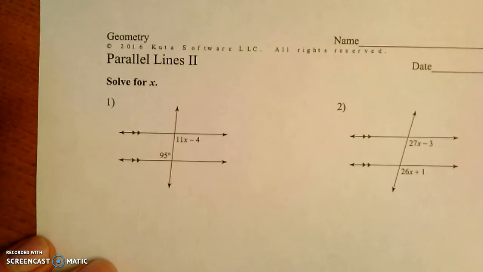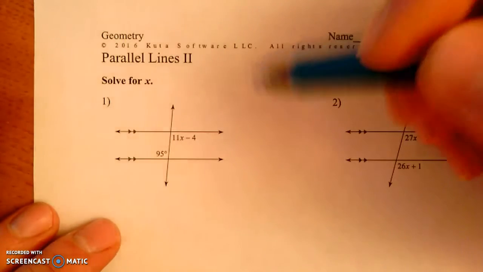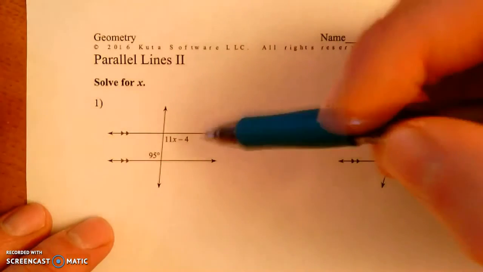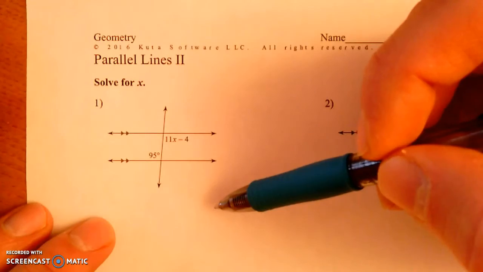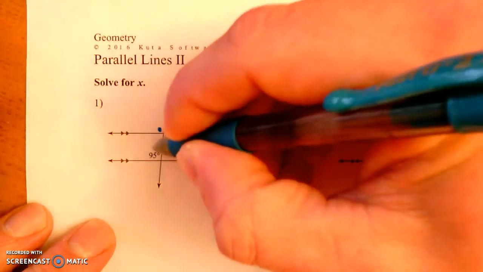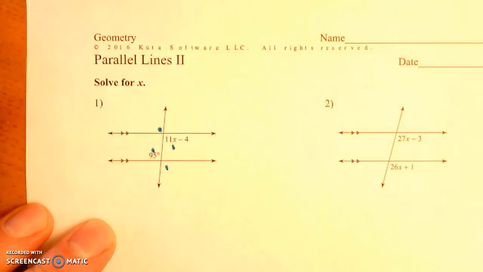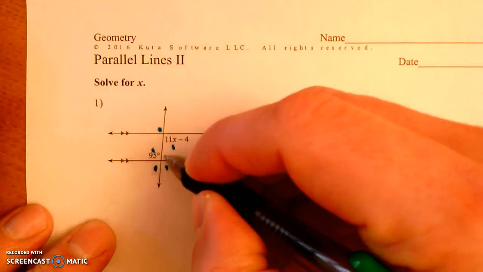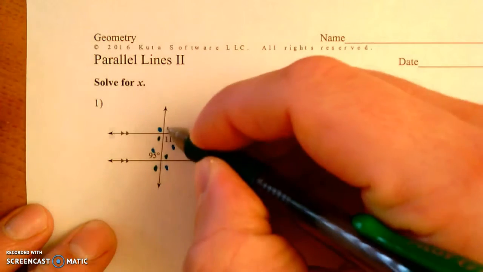Alright, so here, first thing we've got to do is figure out what the relationship between these two angles is. And what we have to figure out to answer that is, are they part of the same set here or not? So again, I'm going to make this zigzag pattern in one color. That's blue. And then green, going the other direction.